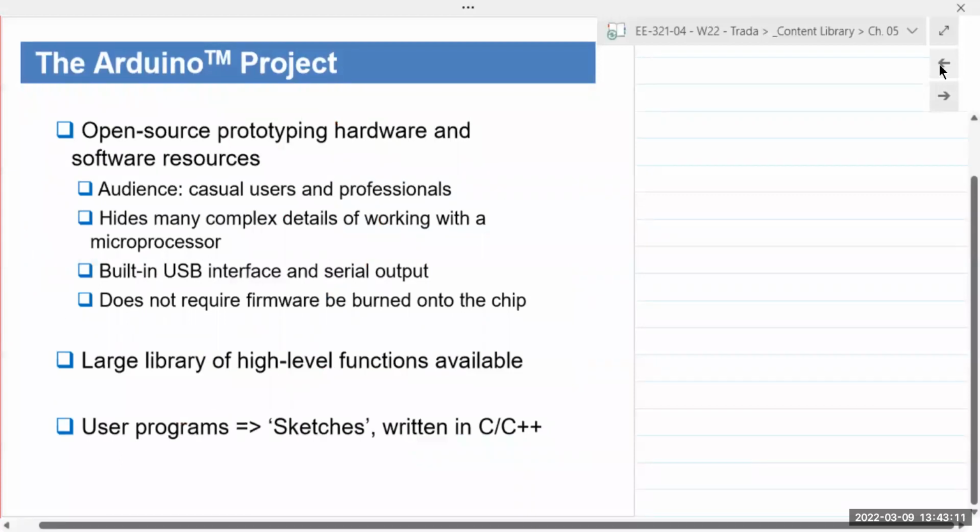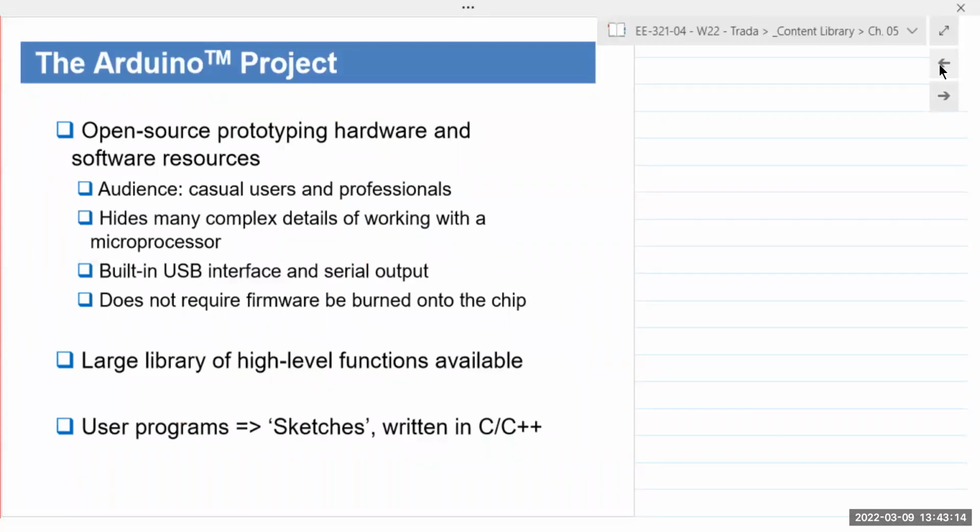You can create anything you want, well, anything within the capabilities of the board. You can create and prototype lots of different hardware as well as software. Programming this microcontroller board is very easy, or relatively easy. Even if you have no knowledge of programming, you can still buy these kits and use them for learning.